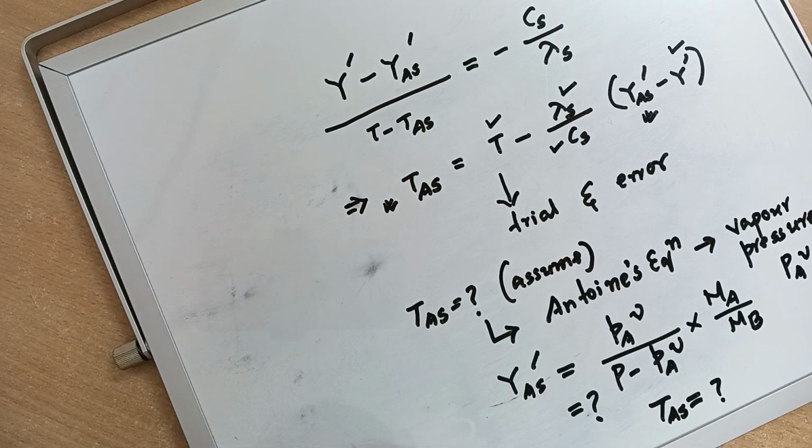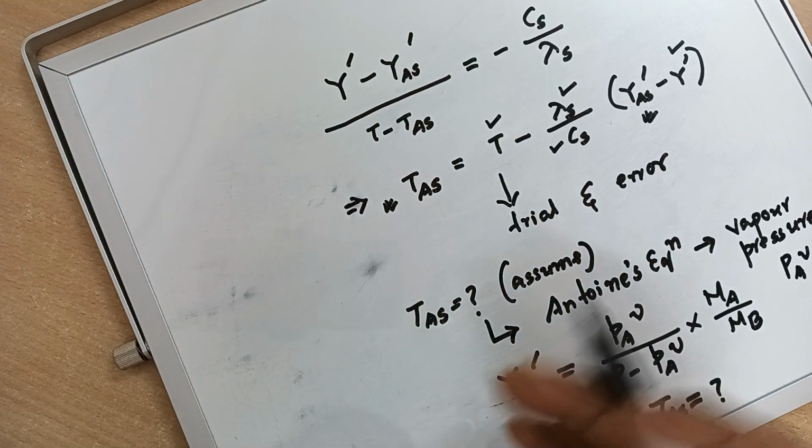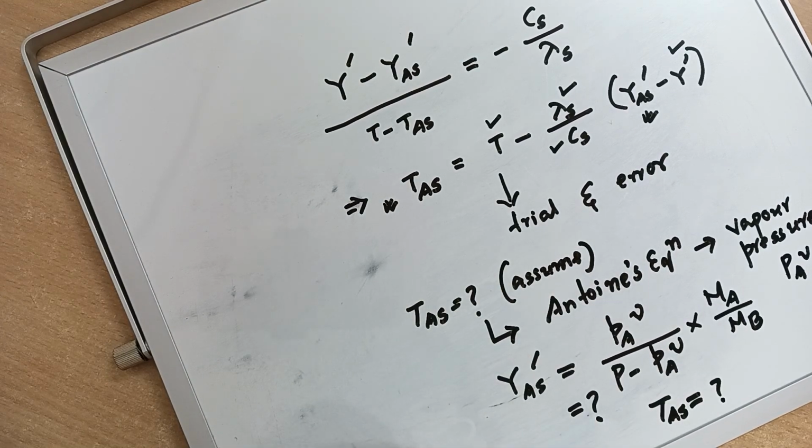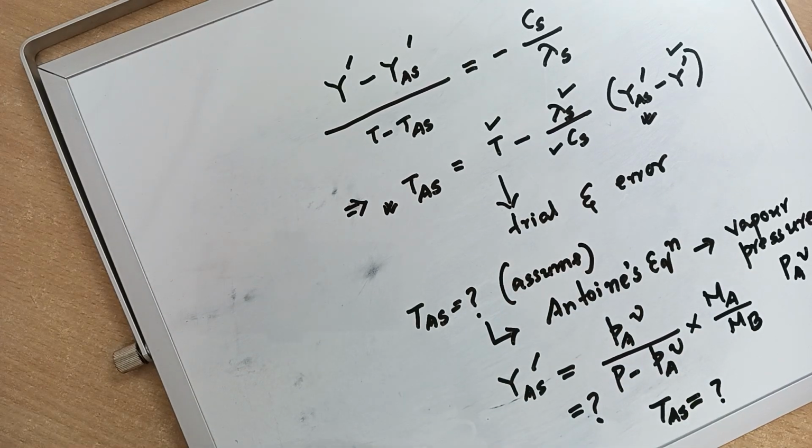So this mathematical equation can easily be used to find the values of TAS and YAS prime, especially for organic vapor in air systems, where you cannot use the regular psychrometric chart, which is meant for water vapor in air systems. Thank you very much.